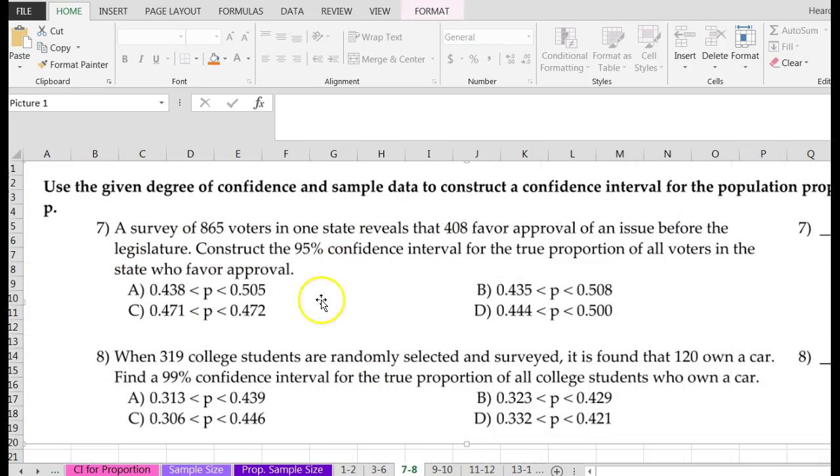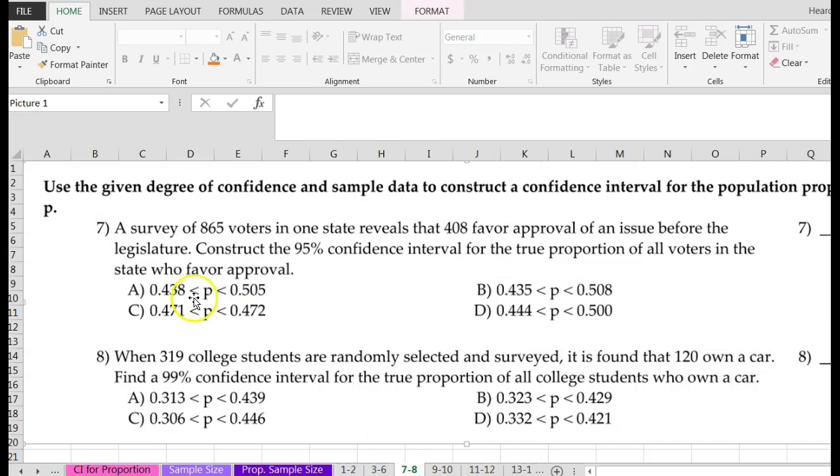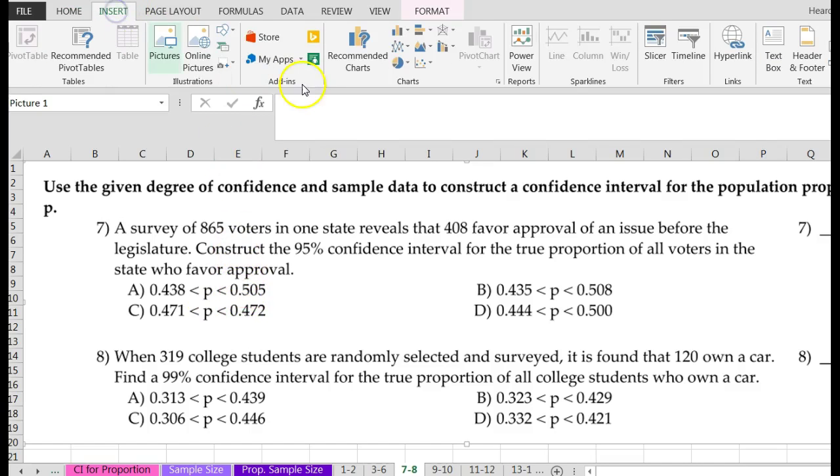I got to look back. 95% confidence interval. So I look to the right of 95, and it would be 0.438 to 0.505. Bazinga, it's the first choice. Let's just put a little star by that.